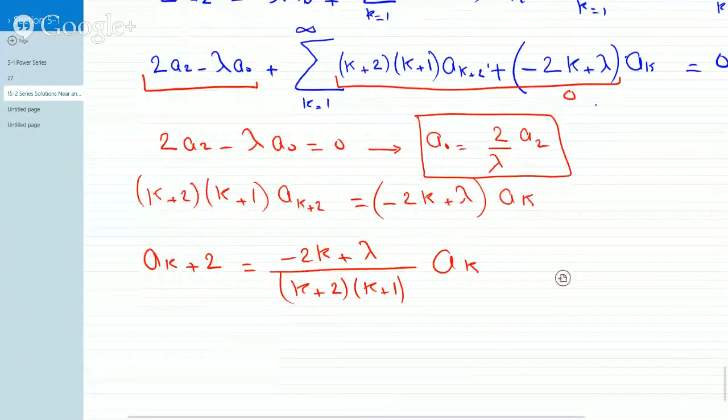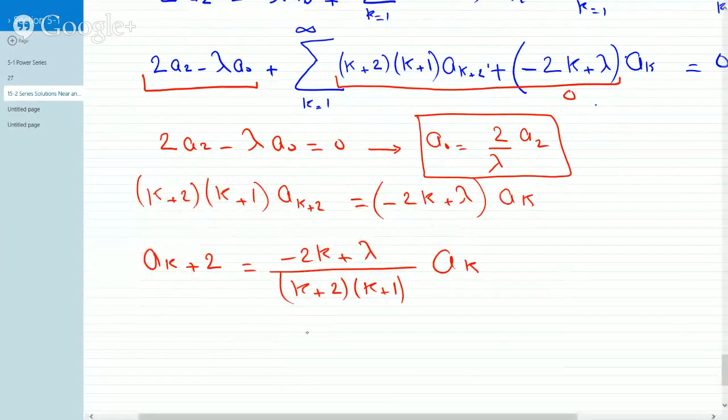Okay. Meaning what? Meaning when k is 0, and that's true for k equal 0 or 1, 2, 3, all the way.